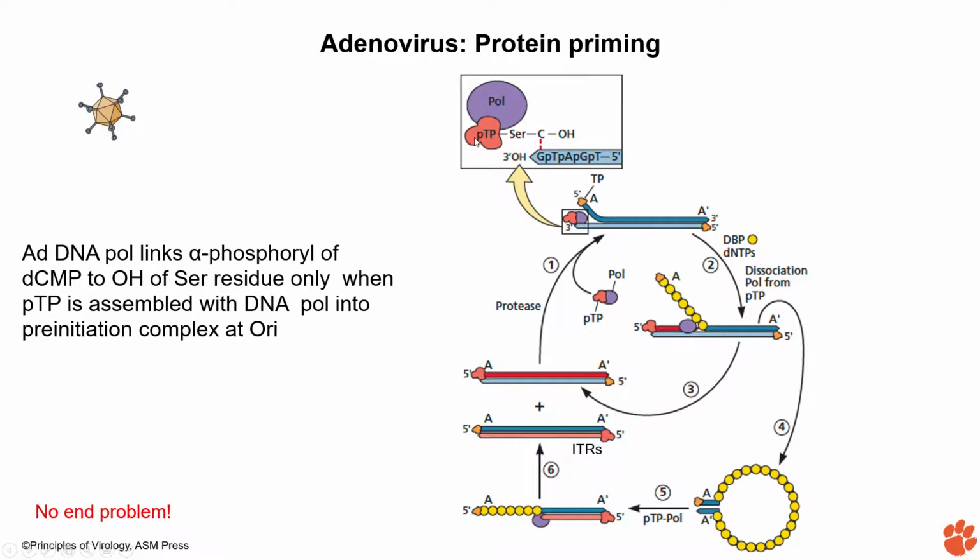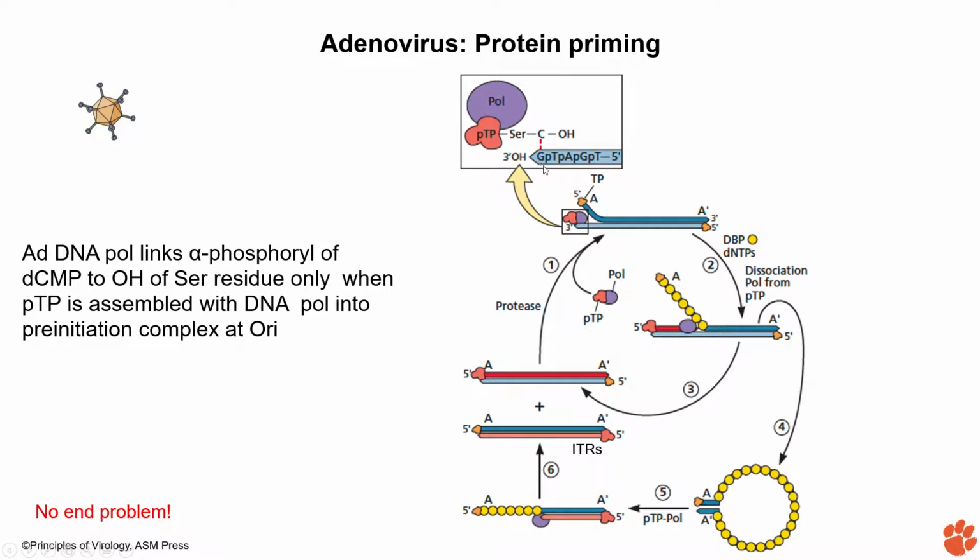These are viral proteins, which bind to the Pol alpha or recruit the Pol alpha. But this is the interesting part. This PTP does have a serine residue. And this serine residue binds to a cytosine covalently. It's a covalent binding of a cytosine, C, right here. And always the 3' terminal of the virus is a G.